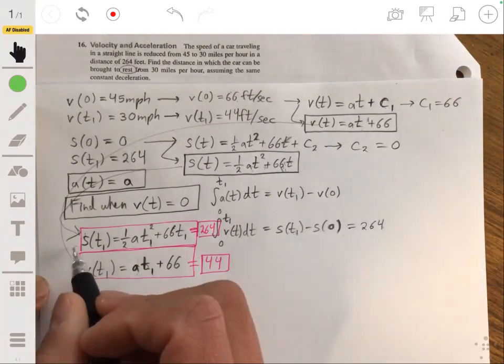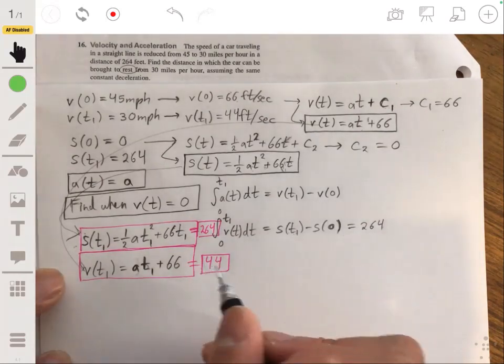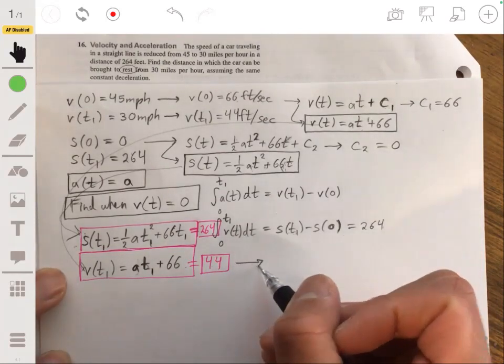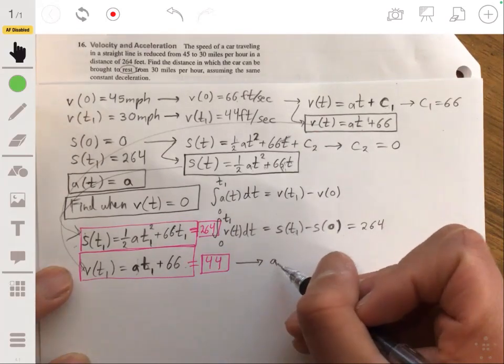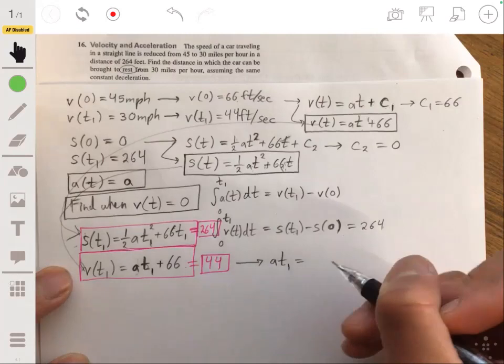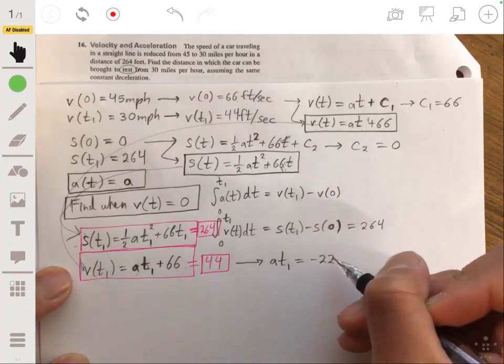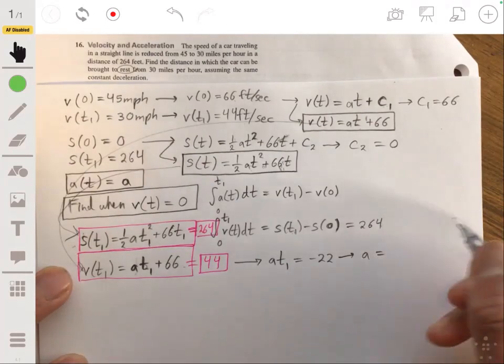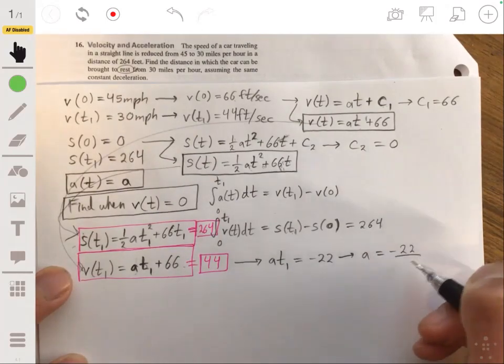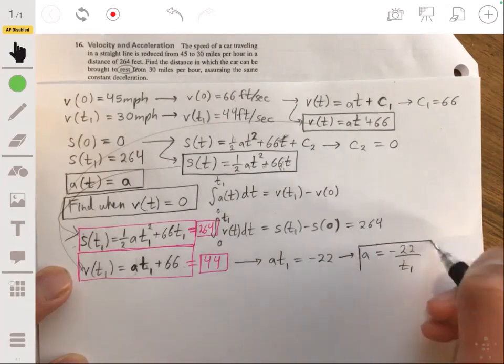Let's solve for a, starting with this simple one. We can say that a t1 equals negative 22, and so a will be negative 22 over t1.